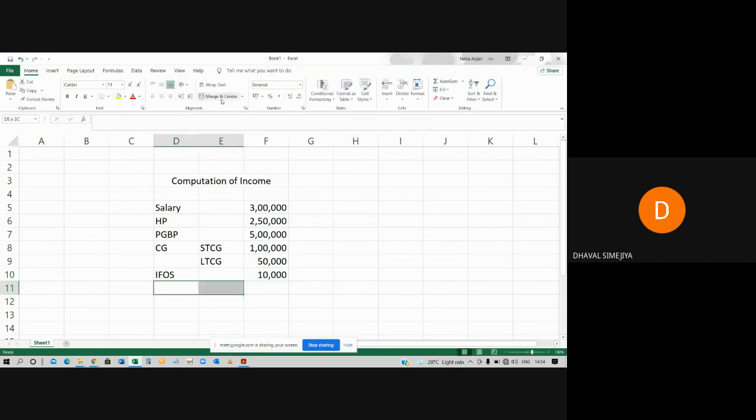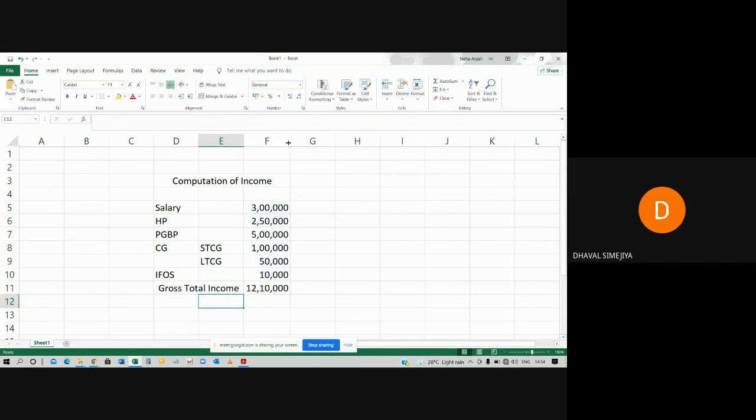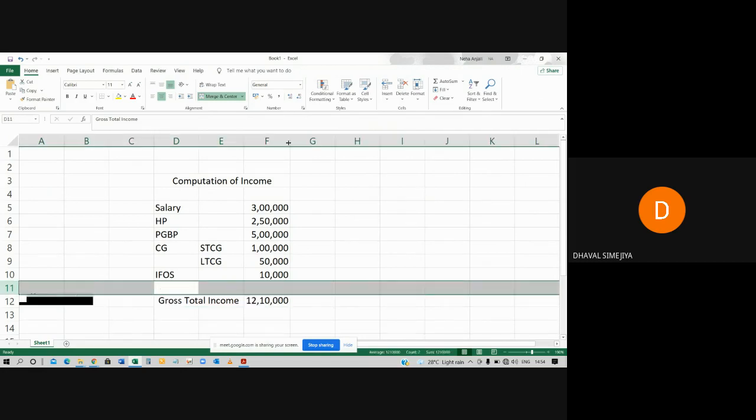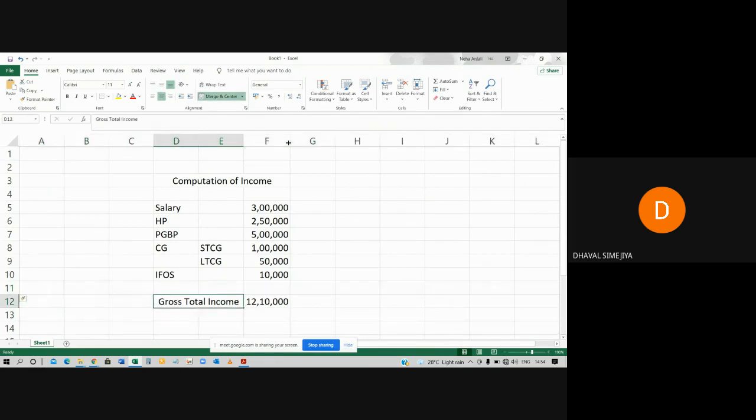So now my gross total income will be 12 lakh 10,000 rupees. Yes or no? My gross total income will be 12 lakh 10,000 rupees.